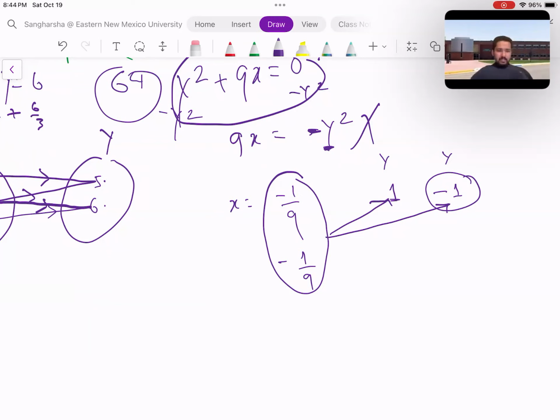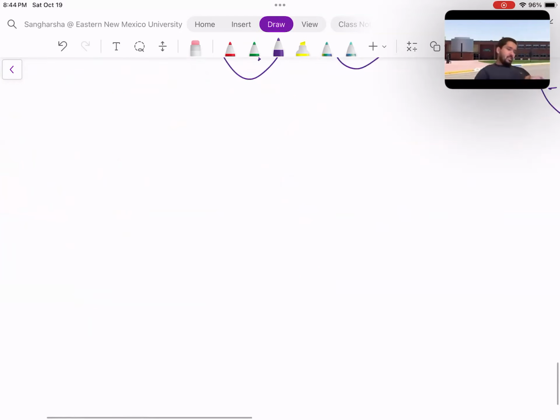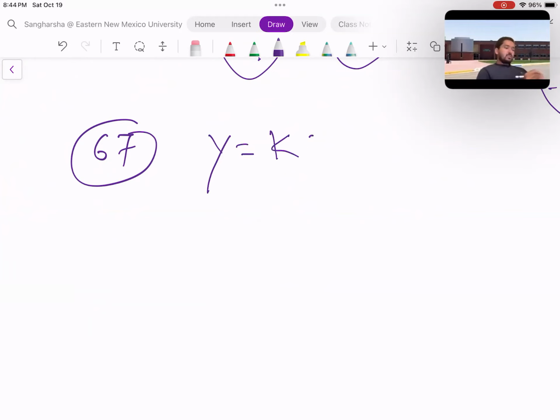In 67, find the variation constant and the corresponding equation. y varies directly as x, and if y varies directly as x, the equation is y equals kx. If it varies inversely, then y equals k/x.